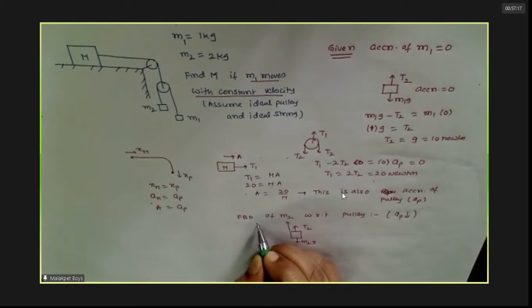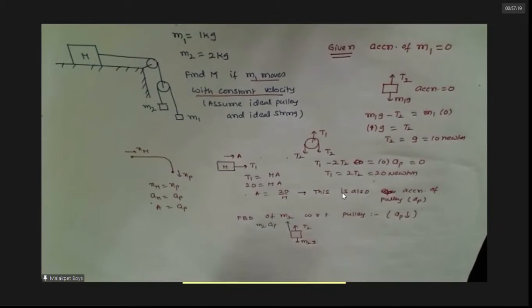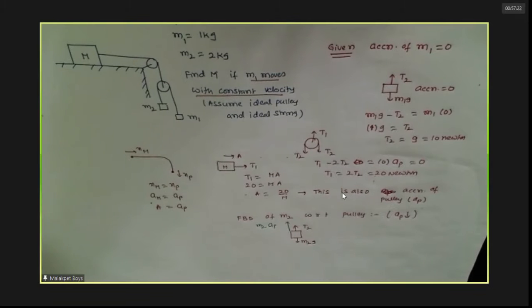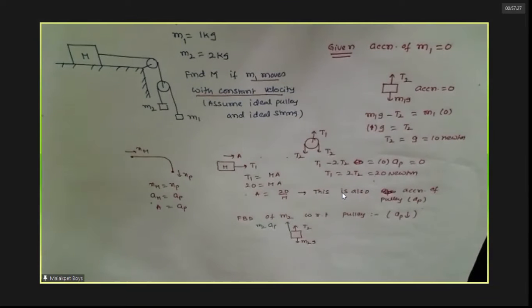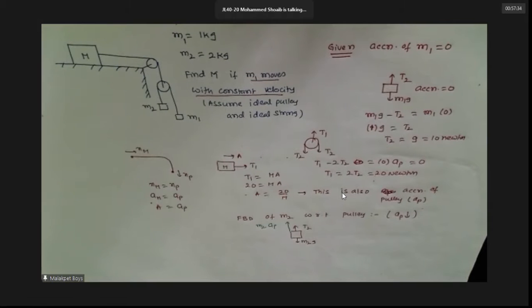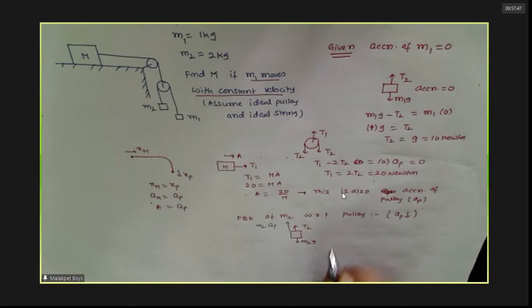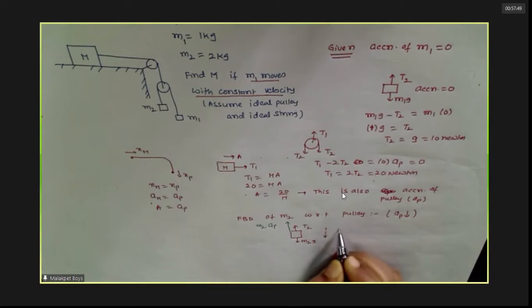Opposite, mass of this M2 into AP. Agreed, AP is the acceleration of the pulley with respect to ground. Any doubt? Now you can see that, let us assume that this acceleration of M2 we have to take with respect to the pulley, no?